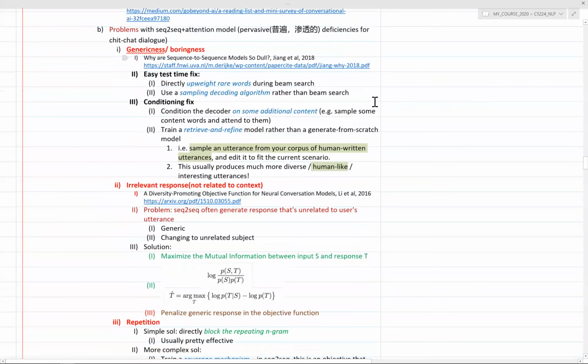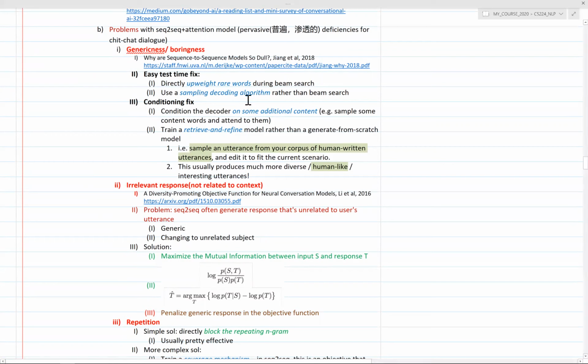To fix this problem, the easiest way is to upweight the rare words during the beam search, so we could search in the decoding algorithm to more differentiate the conversation. The other way is to use sampling decoding algorithms rather than beam search, as Zoe previously mentioned. It could also solve this problem.